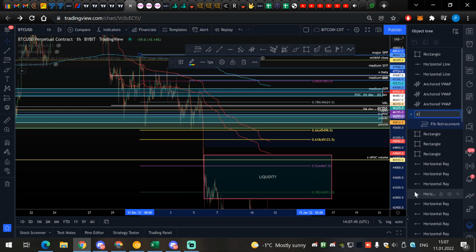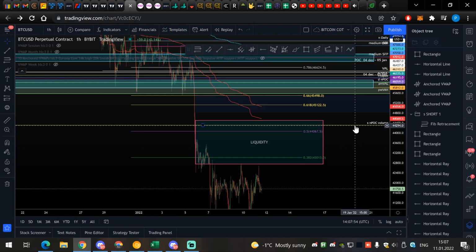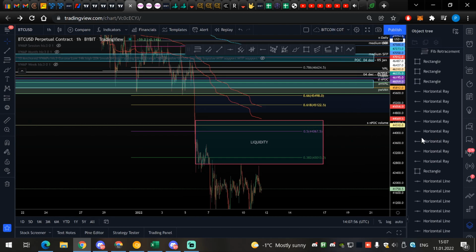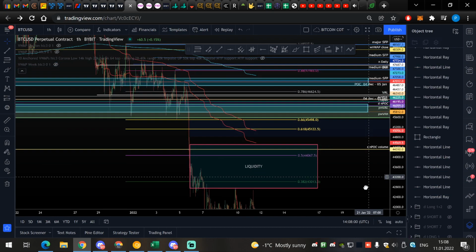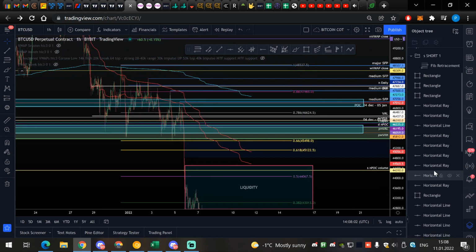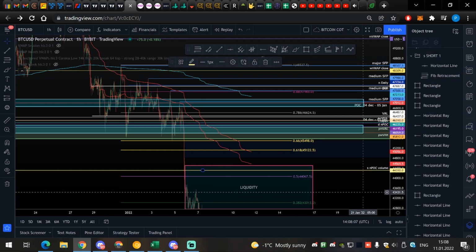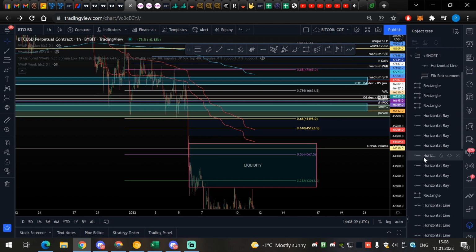This, I think, is like a scalp short one. Very good. Liquidity value.